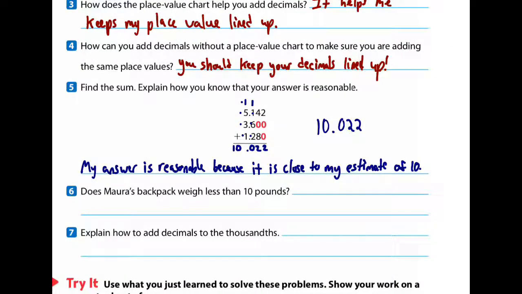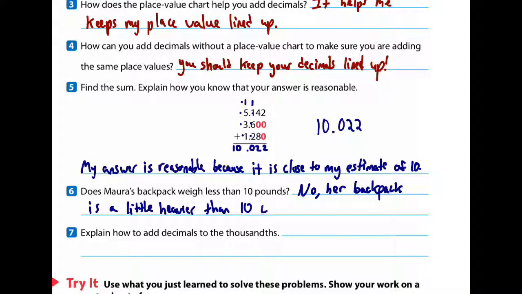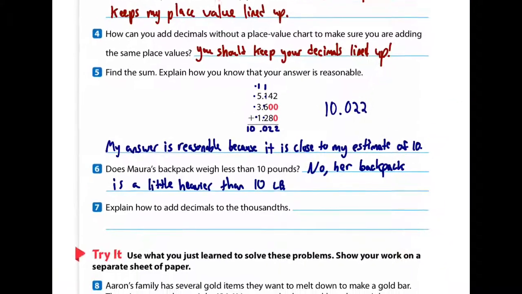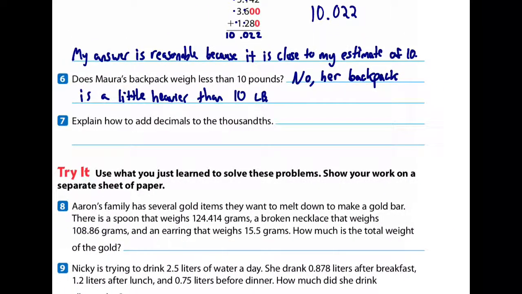Now 6 says, does Mara's backpack weigh less than 10 pounds? Unfortunately for Mara, no. Her backpack is a little bit heavier than 10 pounds. Okay, now last, explain how to add decimals to the thousandths. So, I would say, line up your decimals.